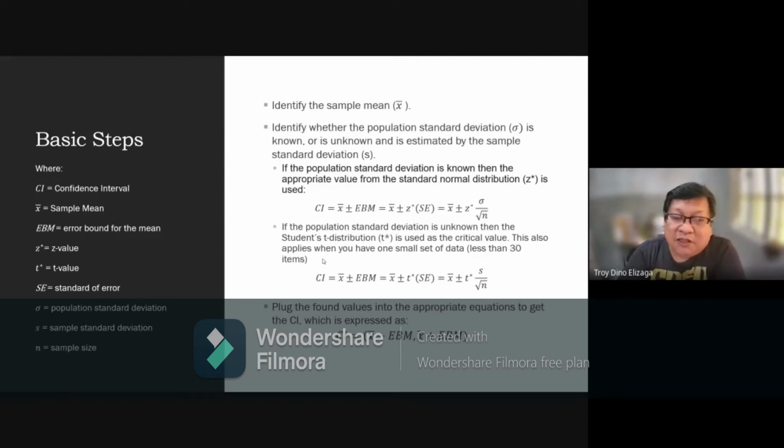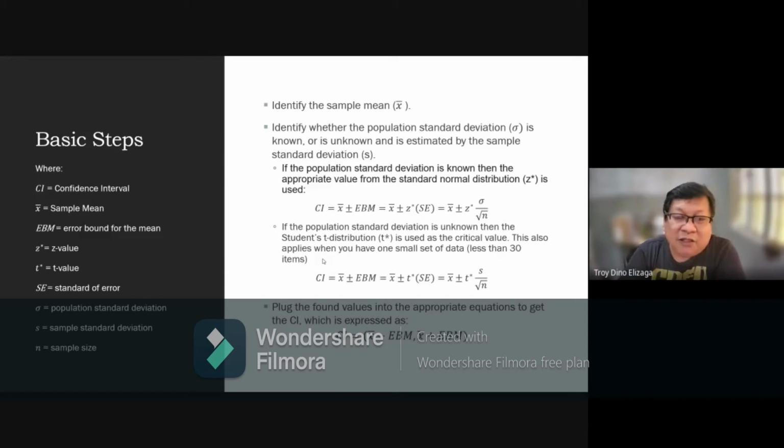bound for the mean, where error bound for the mean this time is equivalent to t times the standard error, since the standard error is the sample standard deviation over the square root of n, the sample size.